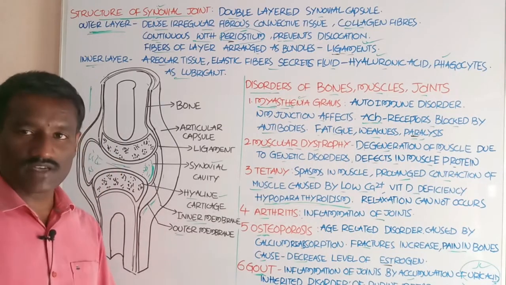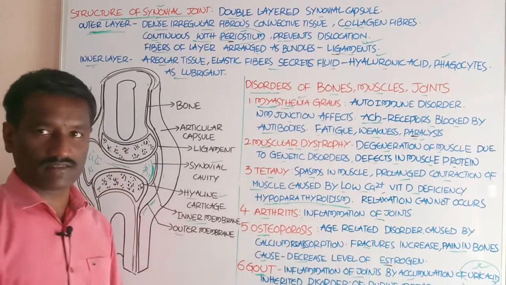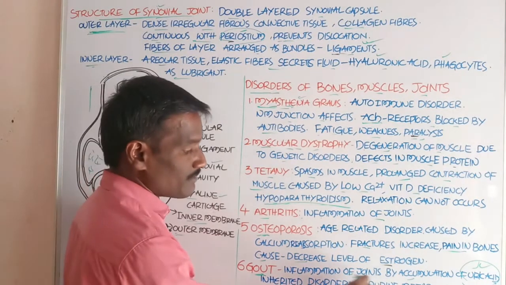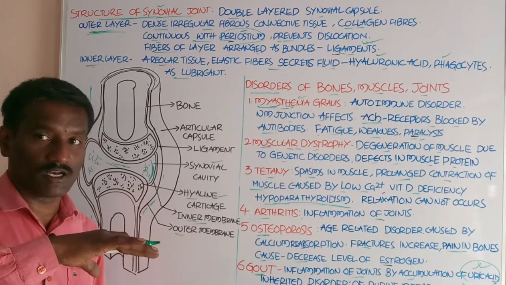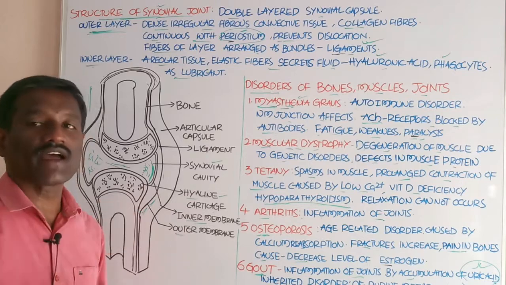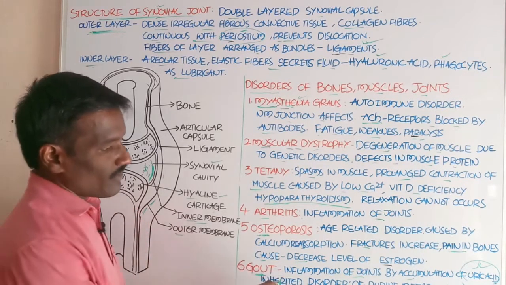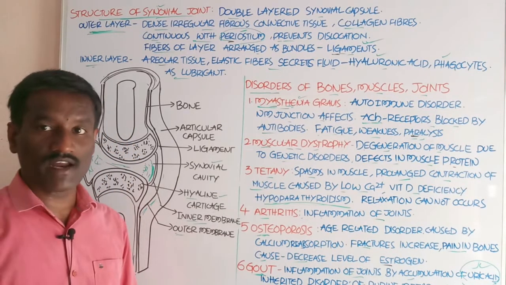Next, another one, students, gout. What about gout? It is the inflammation of the joints. Gout is the inflammation of the joint caused by the accumulation of uric acid in the synovial joints. Why is it accumulated?